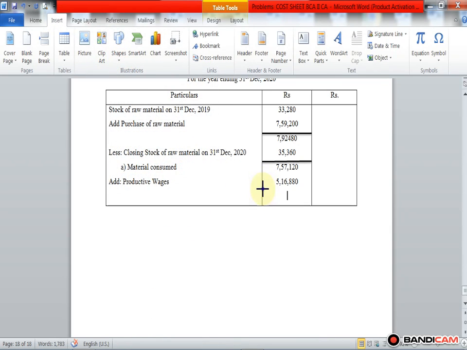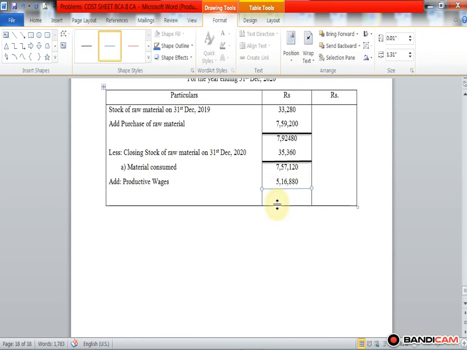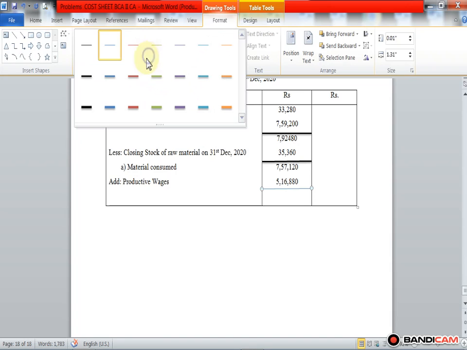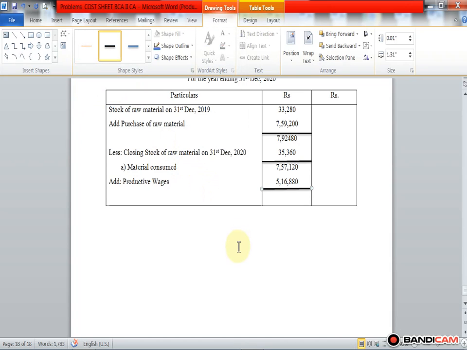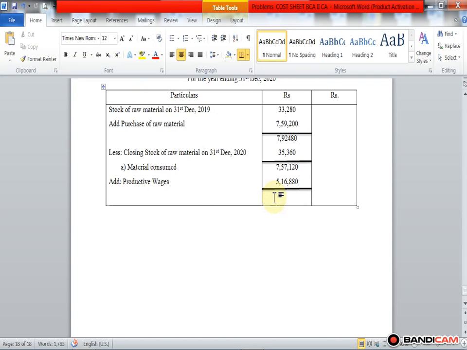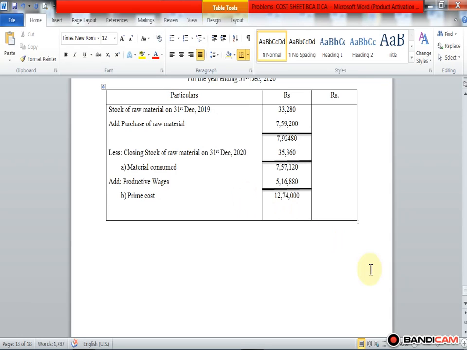So here the prime cost is 12,74,000. Okay, this is B, prime cost.